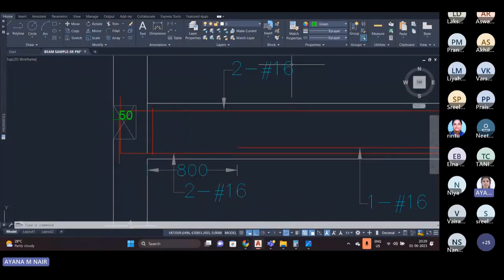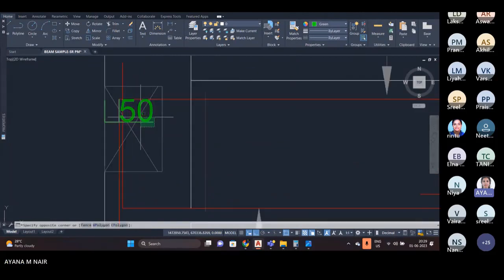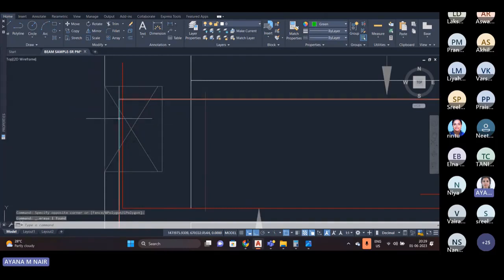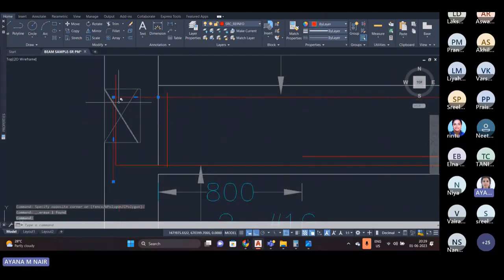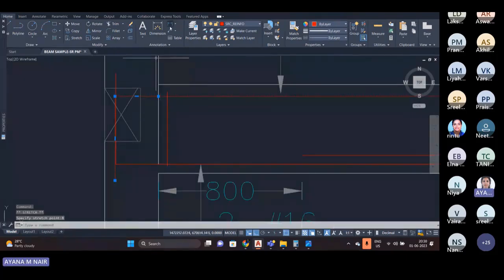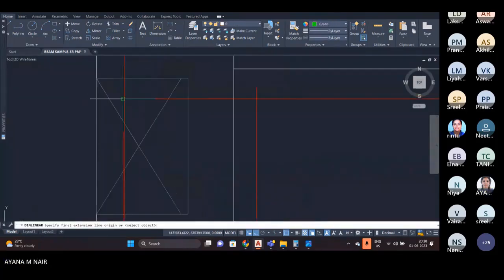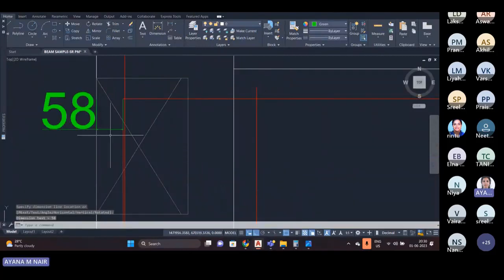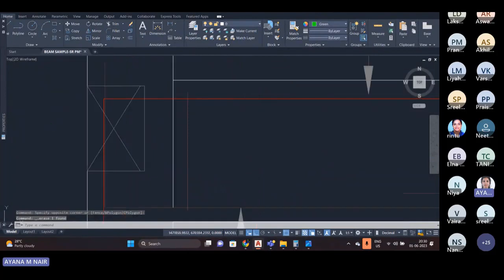That is half of 16, which is 8. So 50 plus 8 is 58. So this cover distance should be 58. For that, you have to select this rebar and move this by 8. Okay. So now measure this cover distance. It is 58. So this cover is corrected.